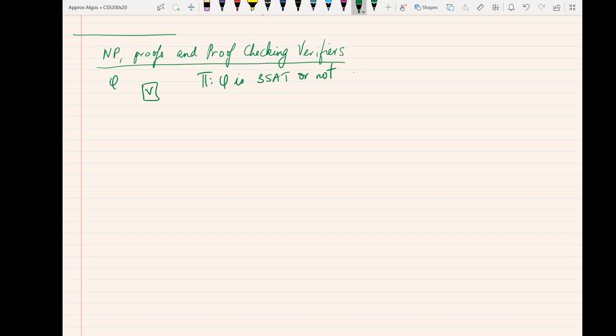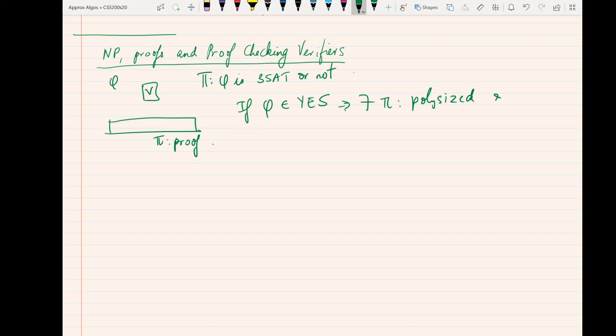Also, what CSAT being in NP means is that there is a proof pi such that if the given instance phi is a yes instance, that is, it is satisfiable, then the verifier can actually check a proof, which is polynomial sized, and say yes correctly.